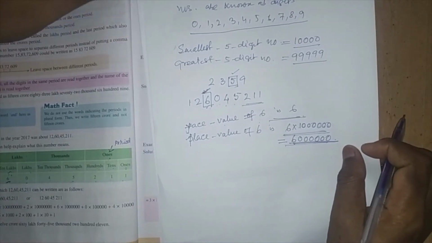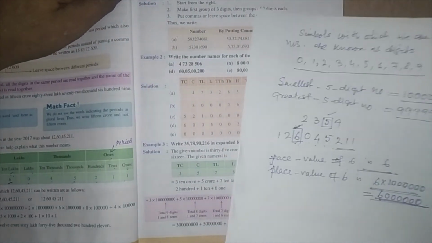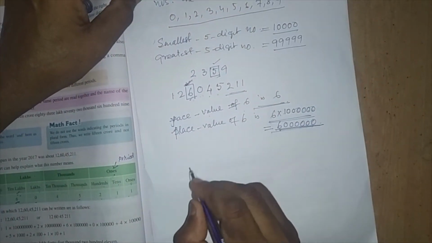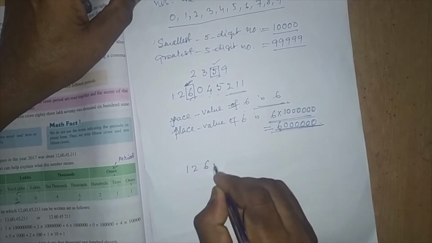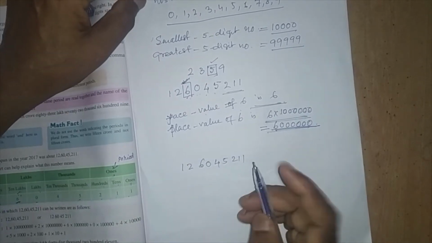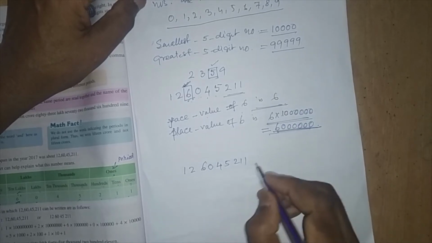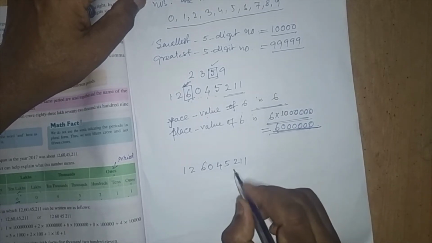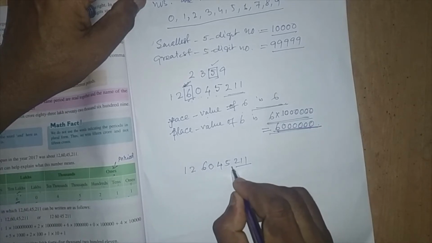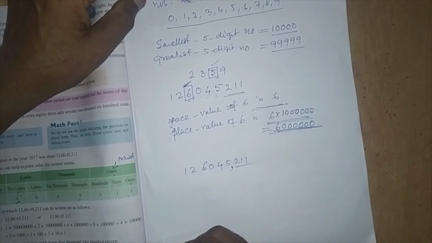Now we will see how to count big numbers and how to separate them. Suppose I write 126045211, just to understand in which periods these digits are. So 2 1 1 comes in the ones period.